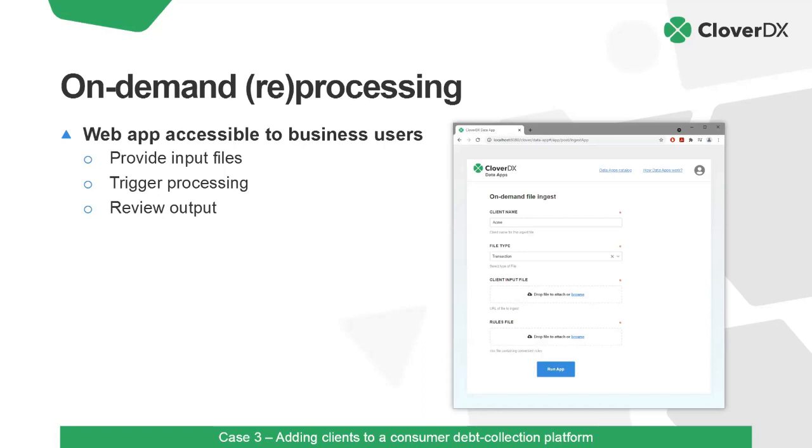They trigger the processing and review the output to make sure everything's right. So we just have them upload the client input file, the raw data, along with that rules file that I showed you guys earlier, their version of that. Give us the file type, the client name, and boom, it'll be onboarded automatically that way as well. So both ad hoc and collecting from an FTP site, we're able to continually ingest data no matter what.